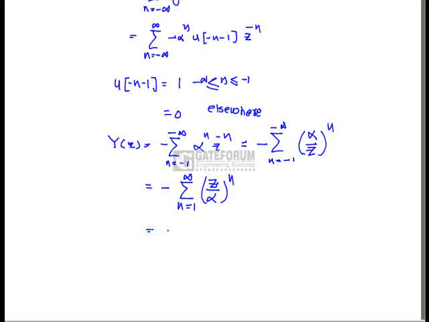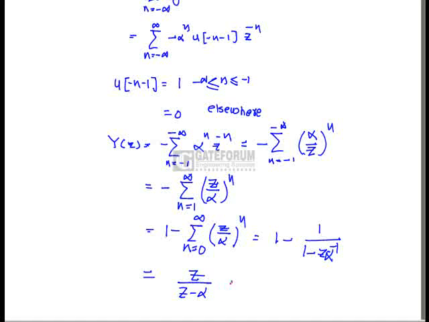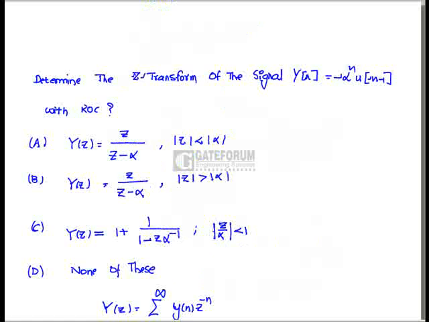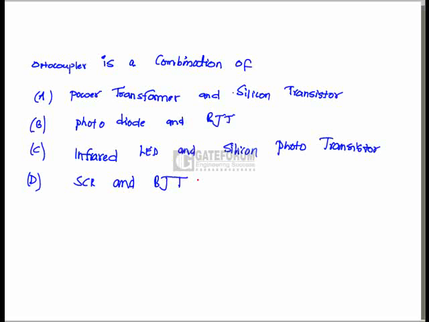If we include the missing term, that is n equals 0, then we can write n equals 0 to infinity z by alpha power n, which equals 1 minus z alpha inverse, which is written as z by z minus alpha, mod z less than mod alpha. Option A is true.